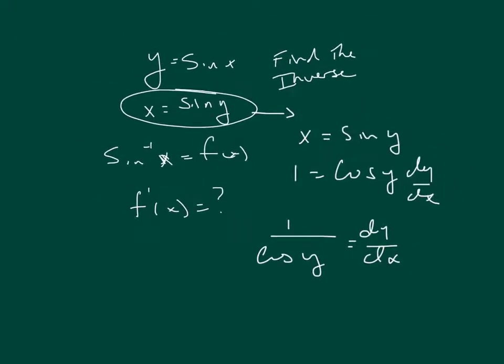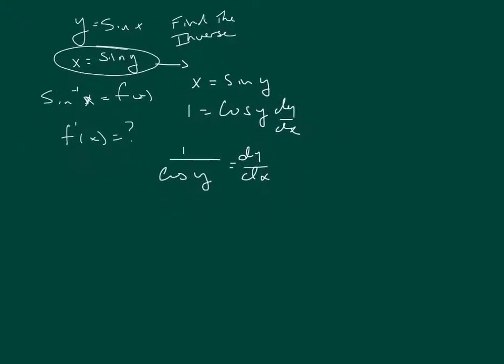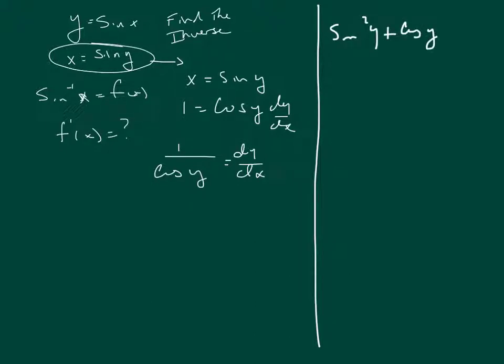But it's really not in a great form. So let's talk about some things in order to make it into a better form. So let's talk about some Pythagorean rules that we know about sine and cosine. Well, we know the triples. Since we have a y here, I'm going to write y, but we know sine of y squared plus cosine of y squared is equal to 1.